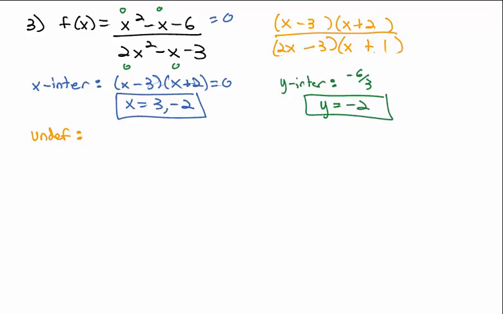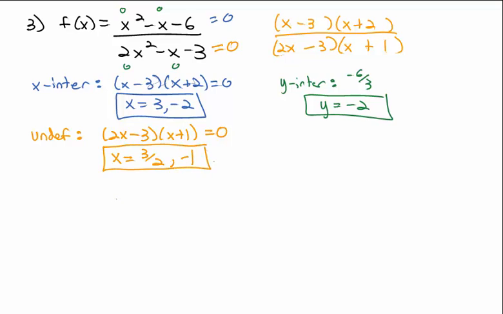So let's make them both vertical asymptotes. We make the denominator equal to 0. 2x minus 3 times x plus 1 equal to 0. Which means x equals 3/2 and -1, when we add the 3 and divide by 2.